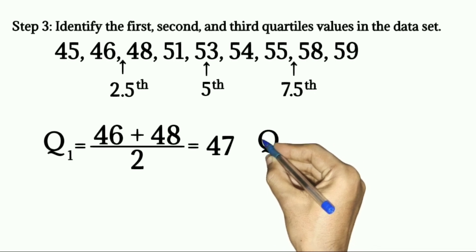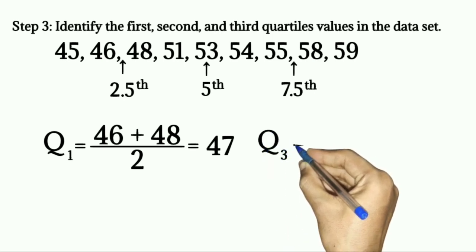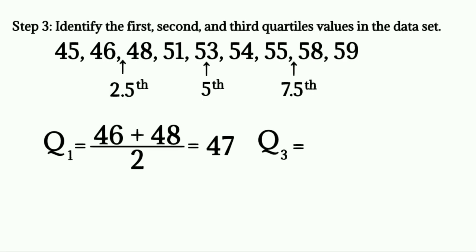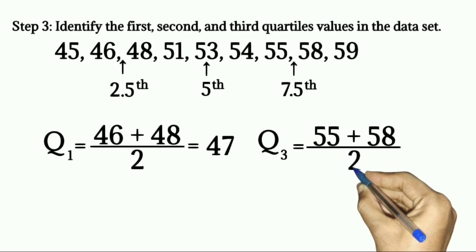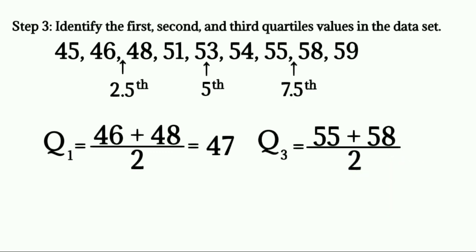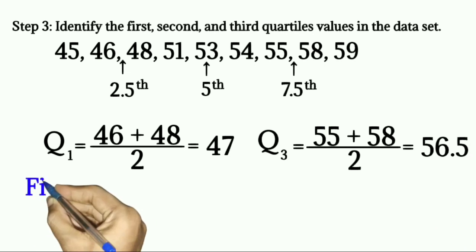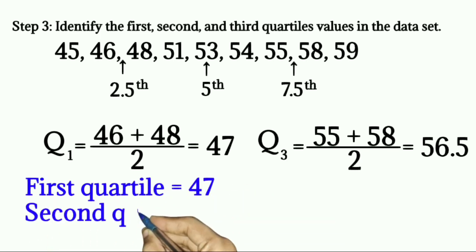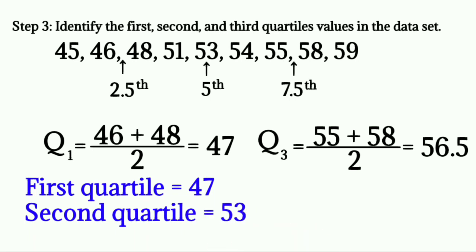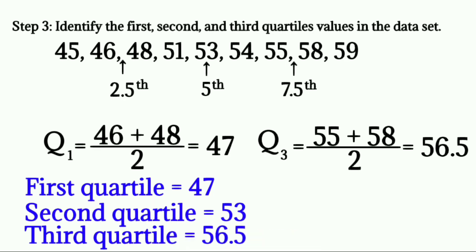Sa third quartile naman, i-average natin yung 55 at 58. 55 plus 58 divided by 2, that is equal to 113 divided by 2. 113 divided by 2, that is equal to 56.5. Therefore, the first quartile is equal to 47, the second quartile is equal to 53, and the third quartile is equal to 56.5.